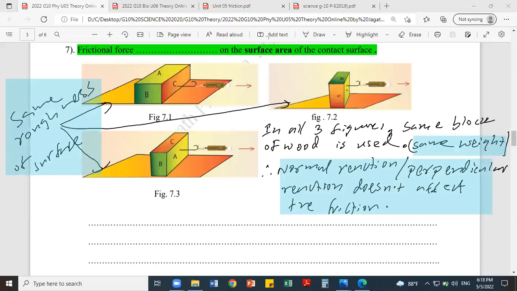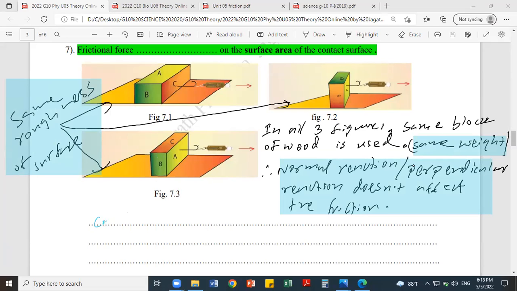The same block of wood you are turning to that side and this side. That means different surface area, so the contact area changes from figure 1 to figure 3. You can write this on the dotted line. How to do this?